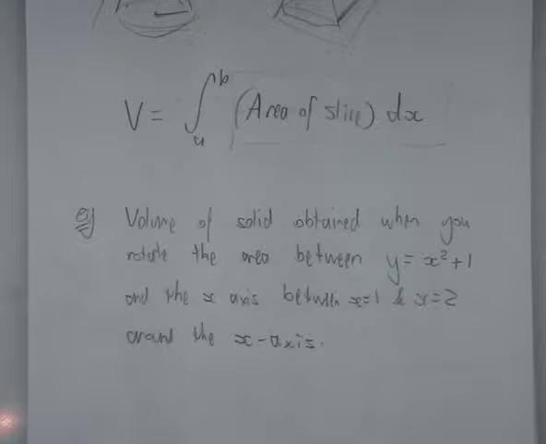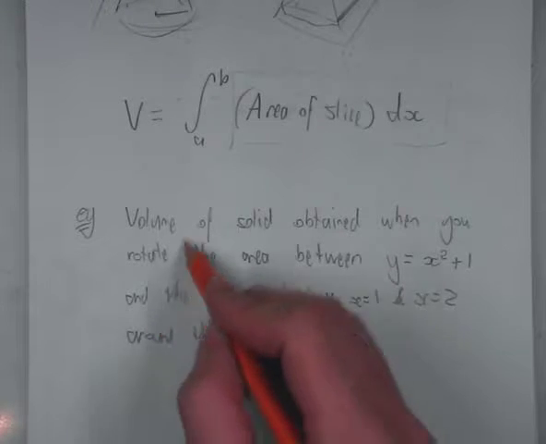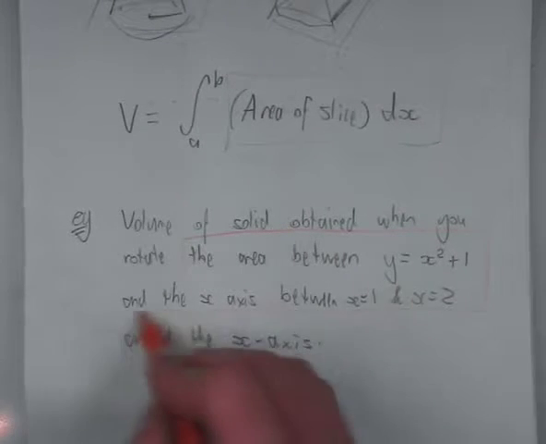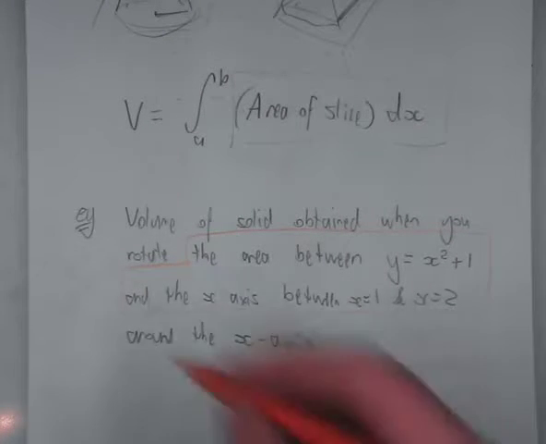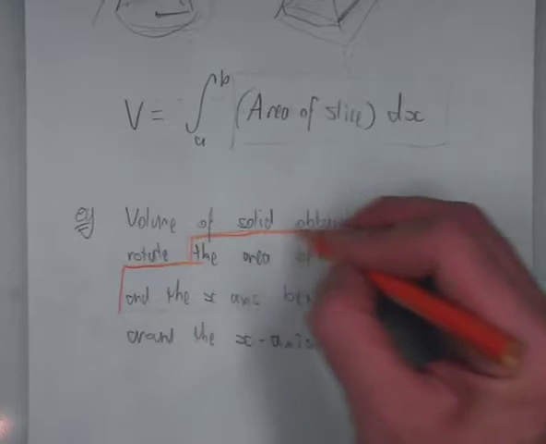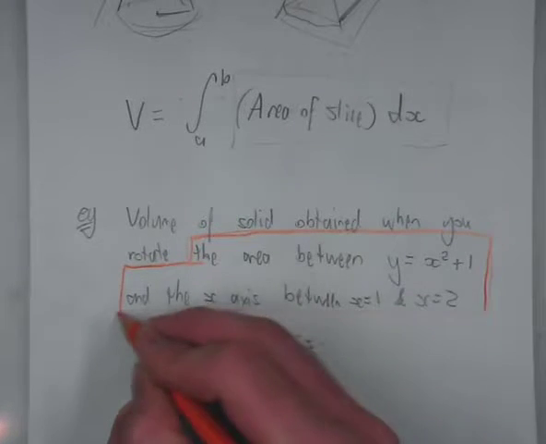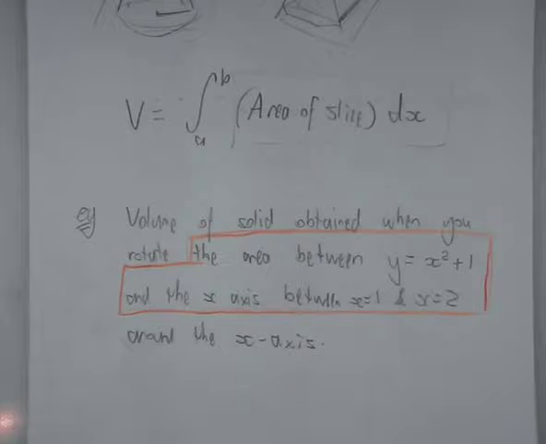Each part of this describes something different. This bit here is the bit that tells you what the area is that you're rotating. And quite a lot of what's written there is telling you about what that area is. And we're going to need to draw that area before we can know anything else.